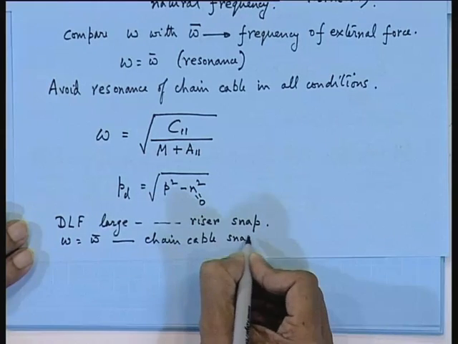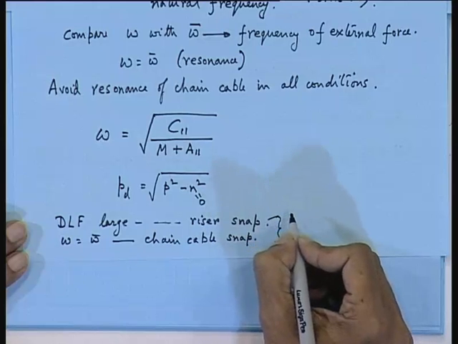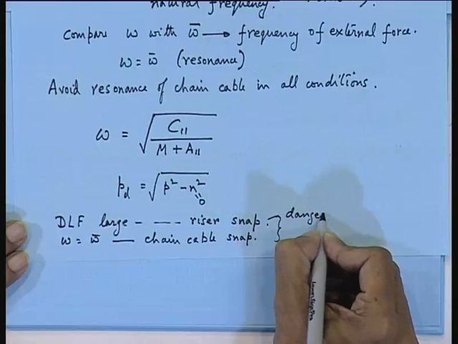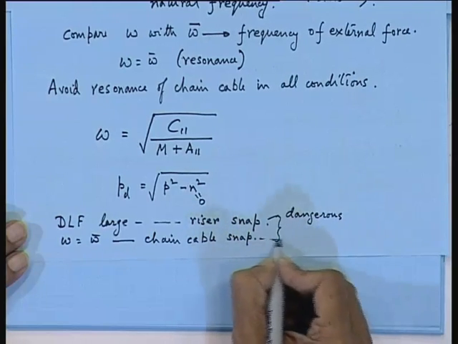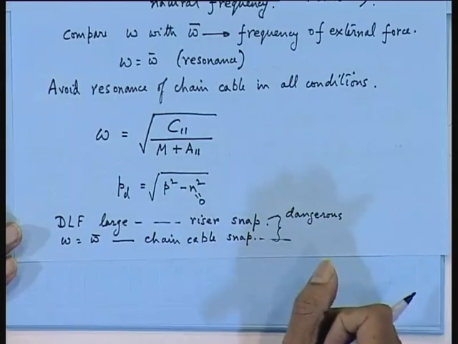So, remember, these are the two very dangerous situations. The first one is pretty dangerous. The other one is, the riser you have only one pipe. There are no other risers to take care of the load, but chain cable you have buffer, isn't it? That means the other chain cable can take the load. Riser snap is very dangerous, then you will have pollution, fire and all this will come.